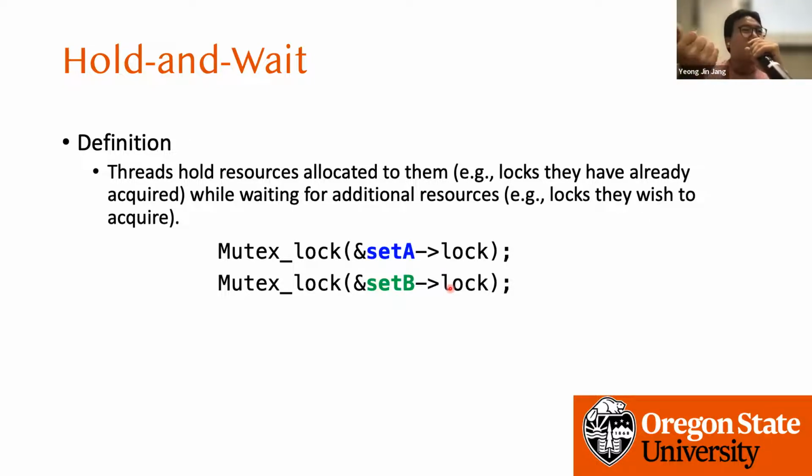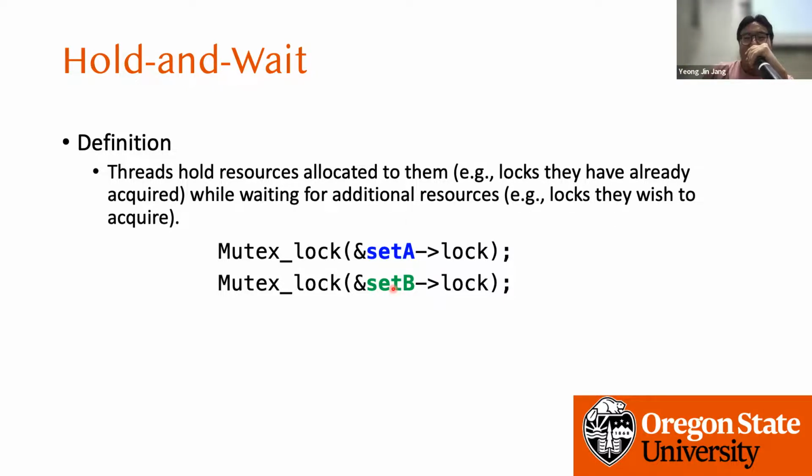Another way to resolve a deadlock caused by mutex is this: if there are two or more locks to be acquired by a thread, then depending on the lock acquisition sequence, acquiring lock A first, then B, and if the other thread tries to acquire B first and then A, there could be a deadlock.